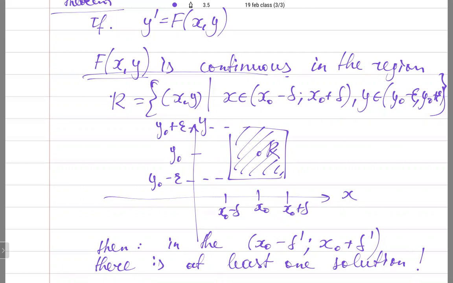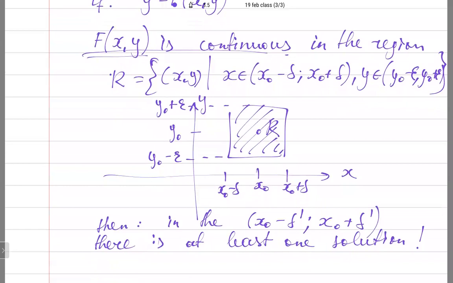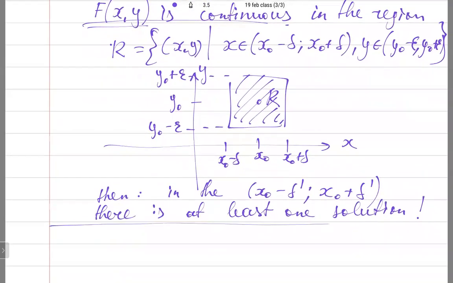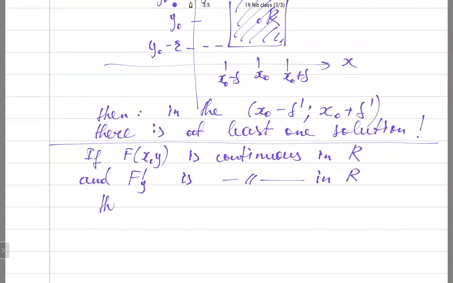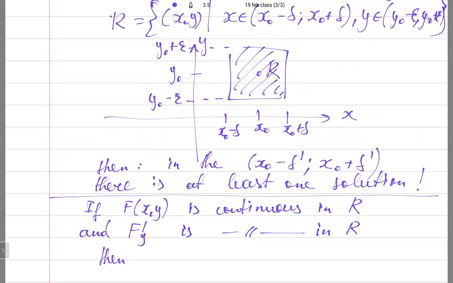And we also have a uniqueness theorem that says if f is continuous in R and f prime with respect to y is continuous in R, then, so if only f is continuous, then we can be sure that there is at least one solution.